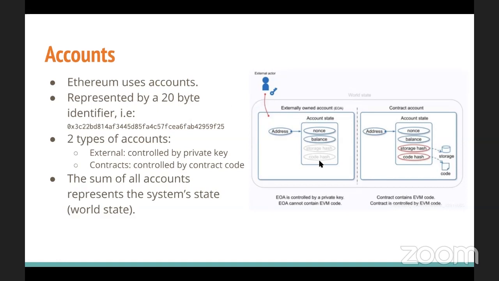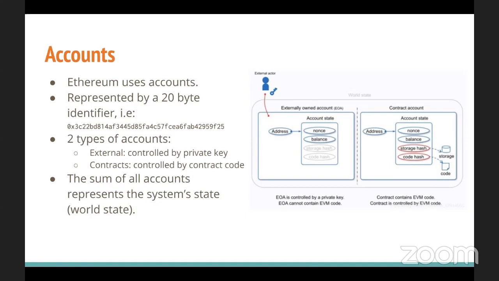So if we look at the image, we can see that, for example, in the blockchain itself, where the information is stored, an externally owned account, which is the one that you have in MetaMask, has this address, which is the identifier, and has a nonce and a balance. This nonce is not the same as the nonce that the miners use to validate the block.